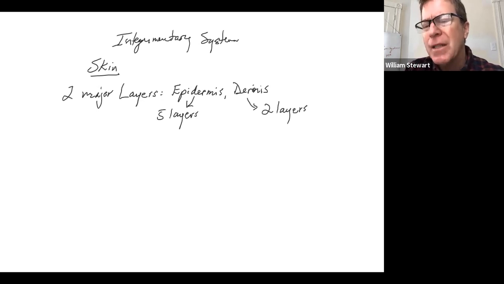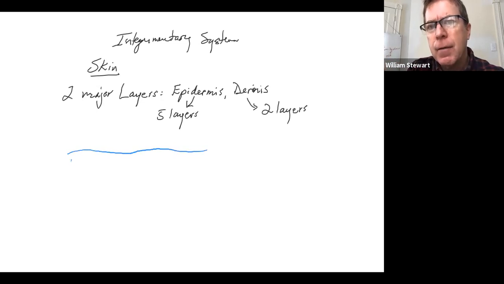So just to give you context, if we were to look at a piece of skin under a microscope at very low power, it would look something like this. There's the surface of the skin, and then we'd see this wavy line, something like this.